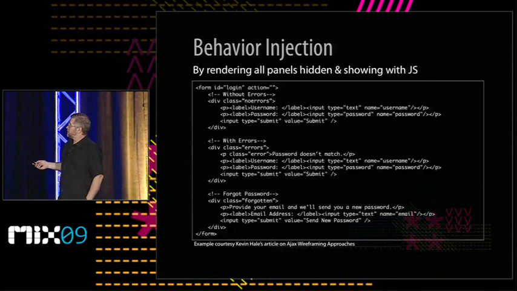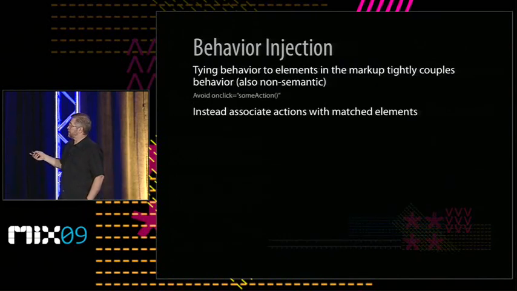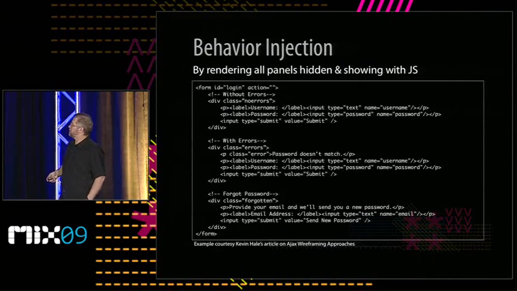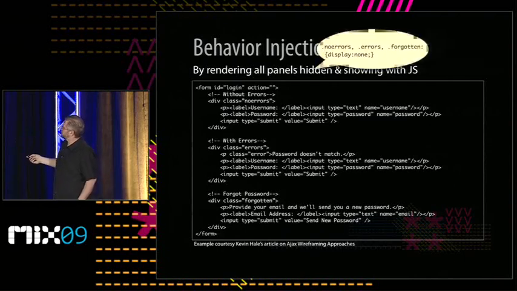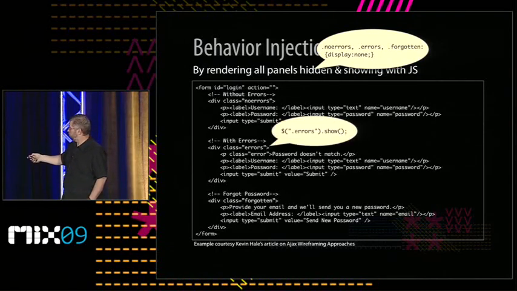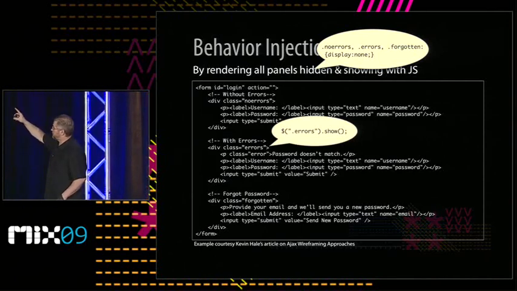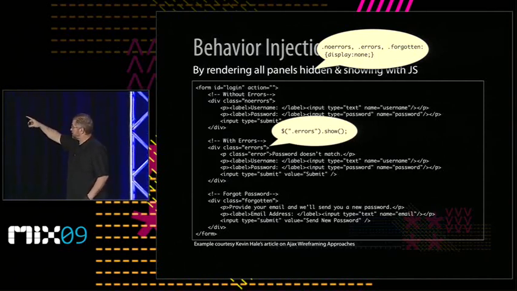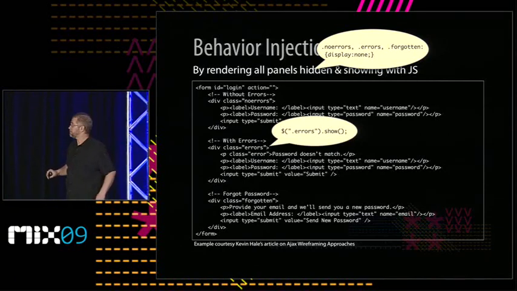And then you associate actions with the matched elements, and we'll show you what that means. Here I've got a bunch of panels that are hidden, and I'm going to show one. In my CSS, I set anything that has errors to display none, so it's just not showing.